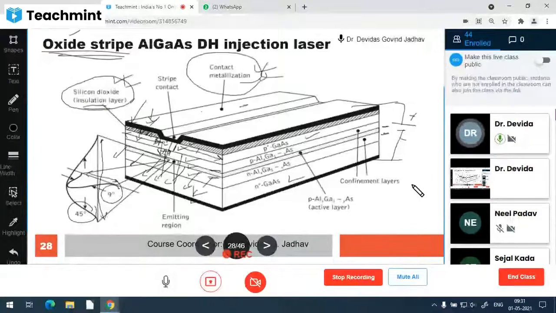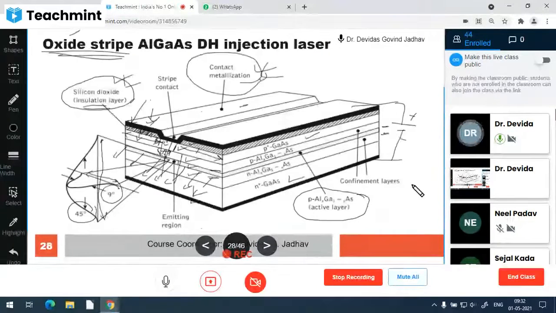Then the active region is made up of p-AlGaAs, with composition Al(x)Ga(1-x)As. The Al and Ga proportions are controlled to set the active region's properties, such as band gap energy and refractive index.